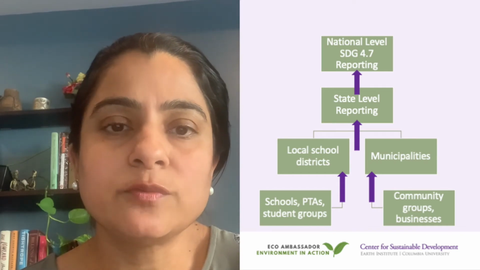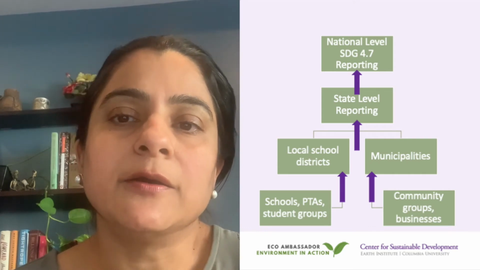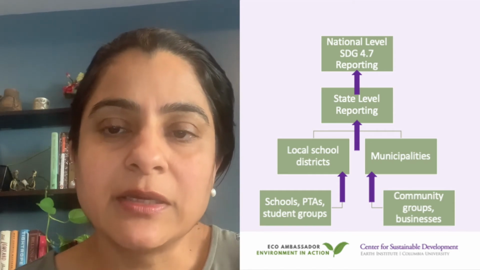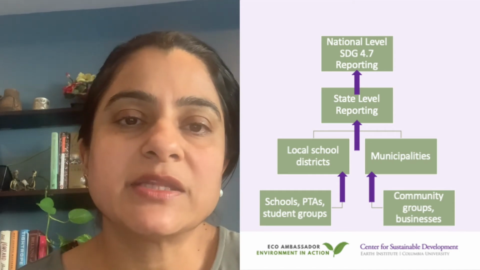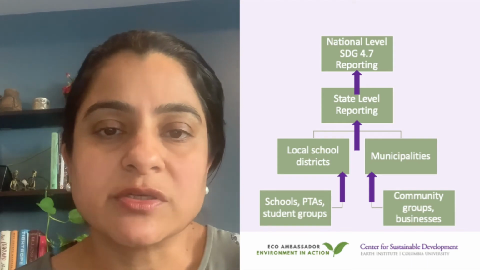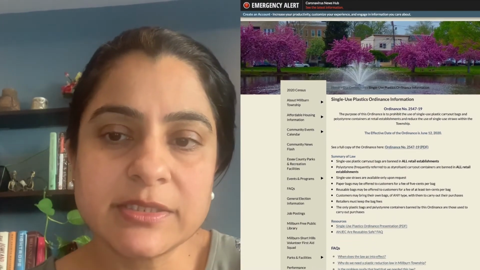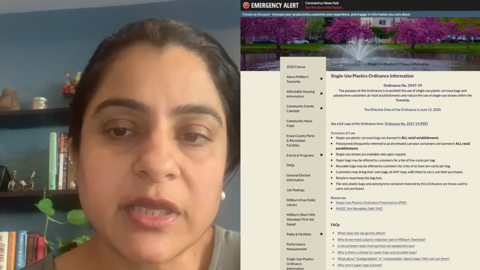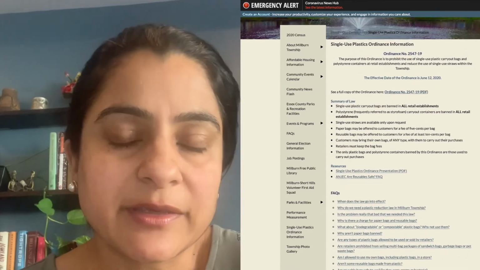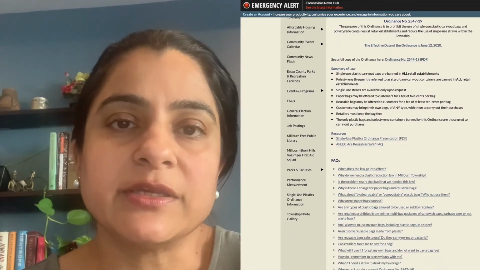We can get some glimpse of what these countries are doing through the voluntary national reviews that they send. But I would assume that there is a big gap, because education for sustainable development, SDG 4.7, since it is intersectoral, gets missed out on reporting these actions or measures at the national level. An example is New Jersey's reporting on SDG 4.7, where the gap between the national reporting and the county level reporting is very evident.